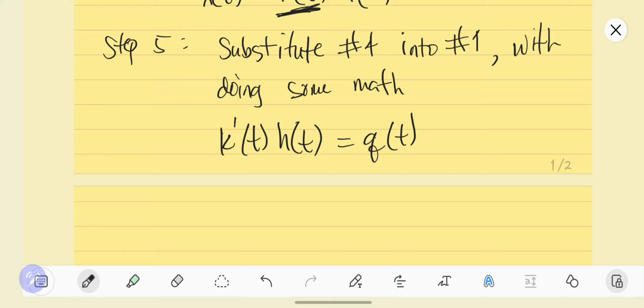And then step 6 is you solve for k prime of t.